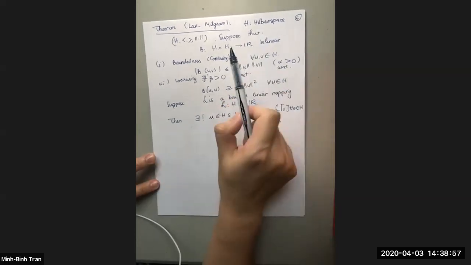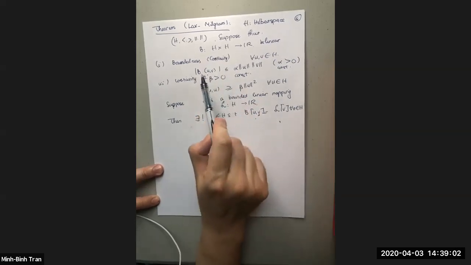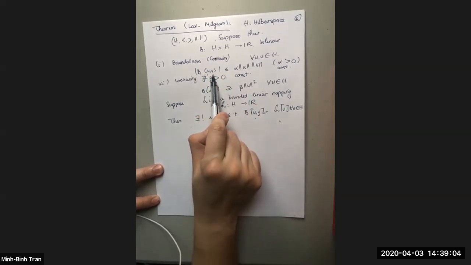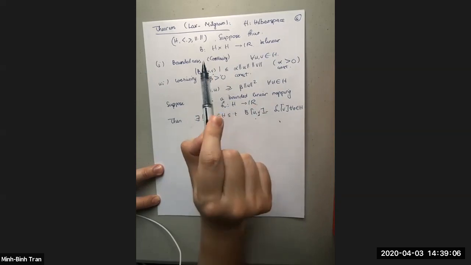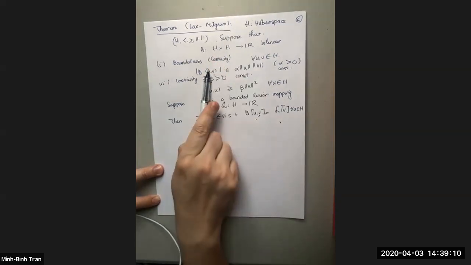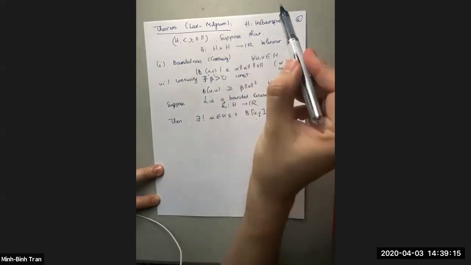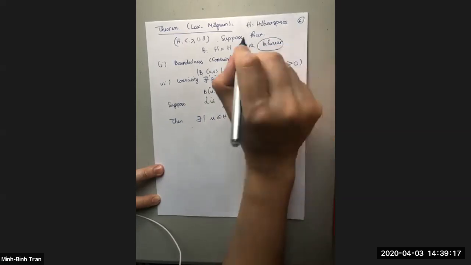So I repeat, you consider a bilinear mapping, which is of this form B(U,V), right? This is a bilinear mapping because if you fix V, it is linear in U, and if you fix U, it is linear in V, right? So this is how we define a bilinear mapping.